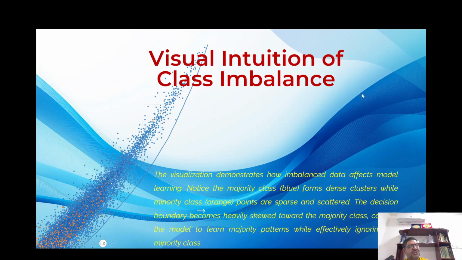The orange points are sparse and scattered, whereas the majority class forms a dense cluster.